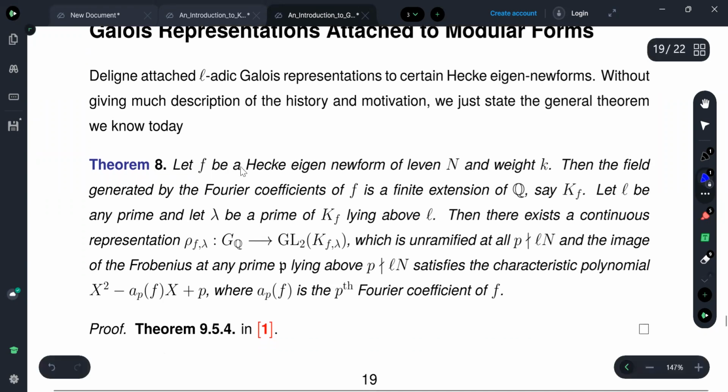So the theorem is that let f be a Hecke eigen newform of level n and weight k.